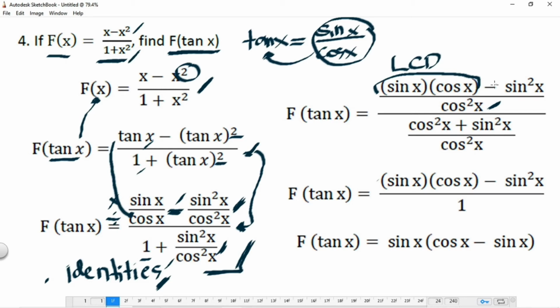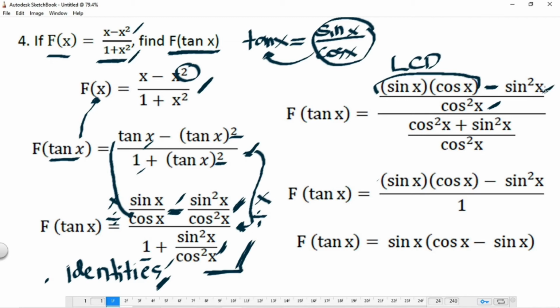And don't forget the subtraction sign. Minus, the same process, divide, and then multiply. Therefore, cosine squared x divided by itself multiplied by sine squared x, the answer is sine squared x.